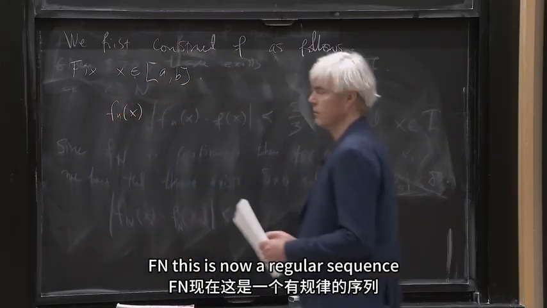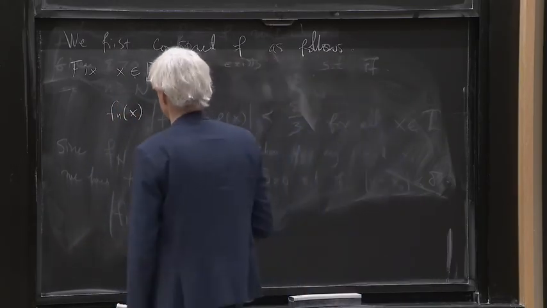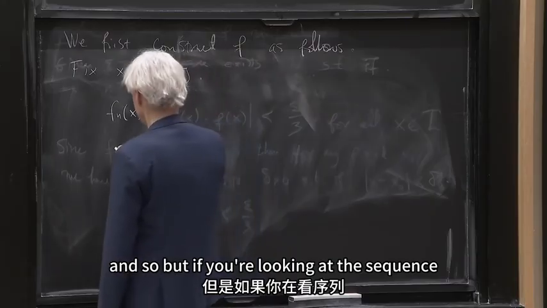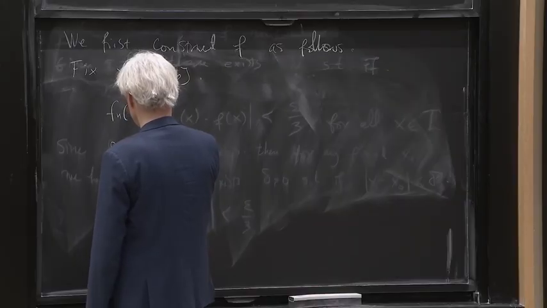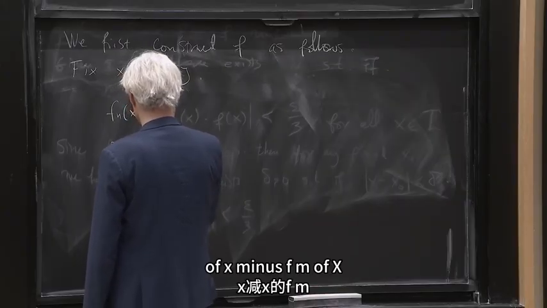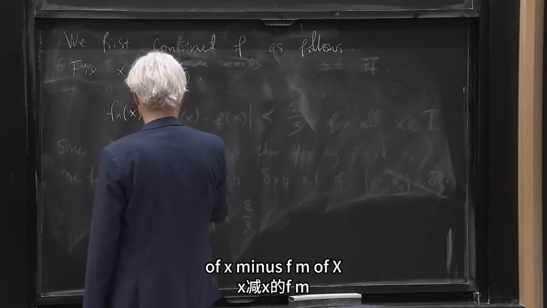This is now a regular sequence, right? But if you're looking at the sequence, then we have that Fn of x minus Fm of x.